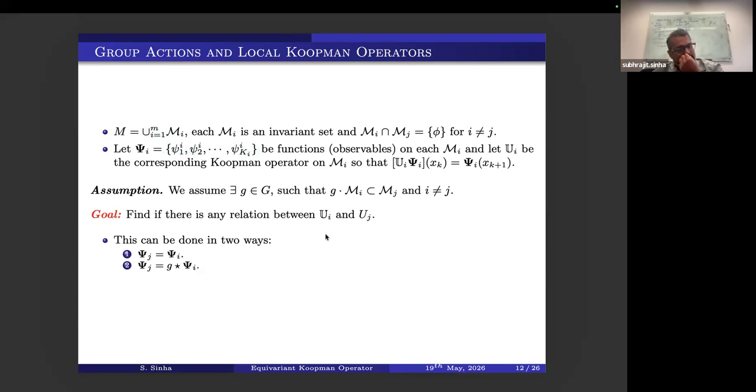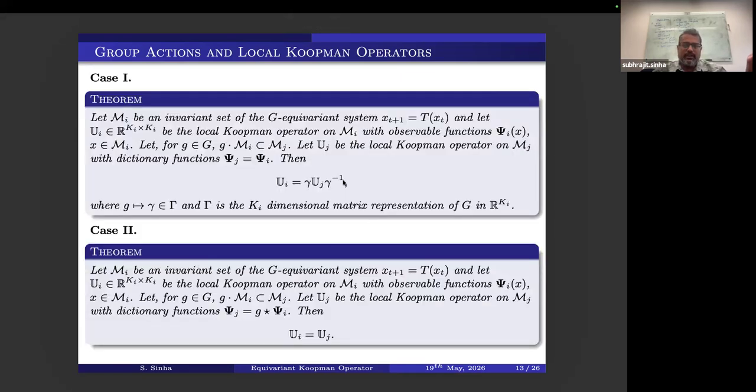Our goal is to see whether there is any relation between U_i and U_j. This can be done in two ways: we have the same dictionary function on both M_i and M_j, or we take psi_i and G acting on psi_i as the dictionary functions on M_j.